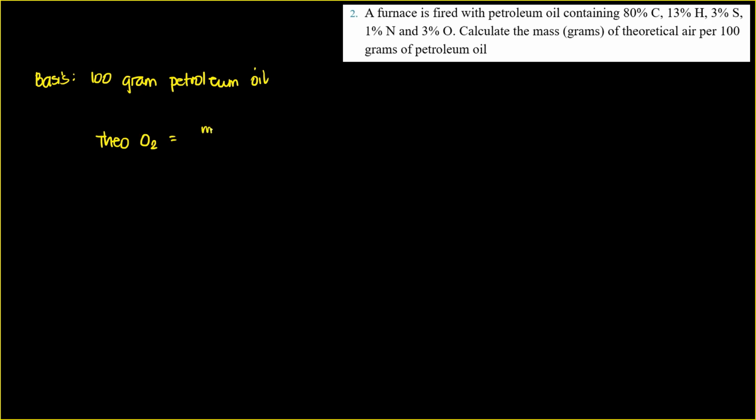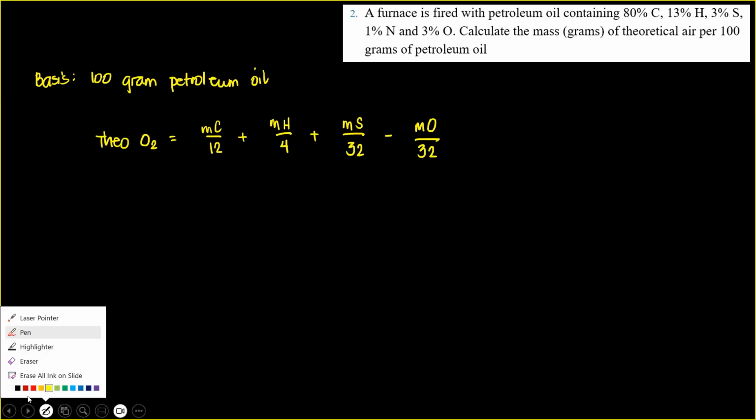Isn't it mass of carbon divided by 12 plus mass of hydrogen divided by 4, plus mass of sulfur divided by 32, minus mass of oxygen divided by 32, right? Or basically C over 12, plus H over 4, plus S over 32, minus O over 32.